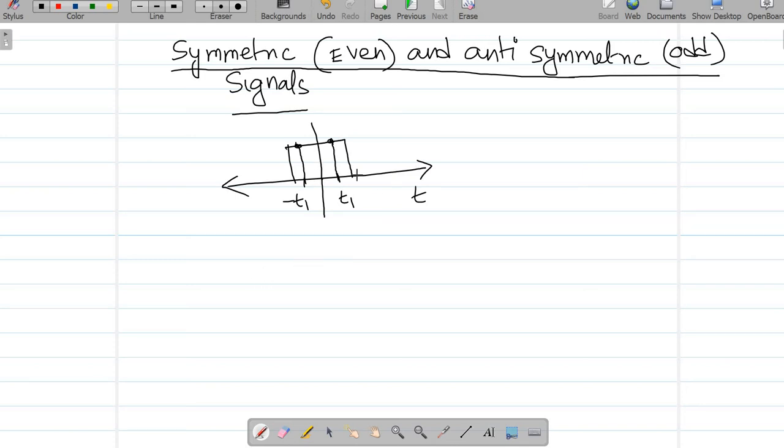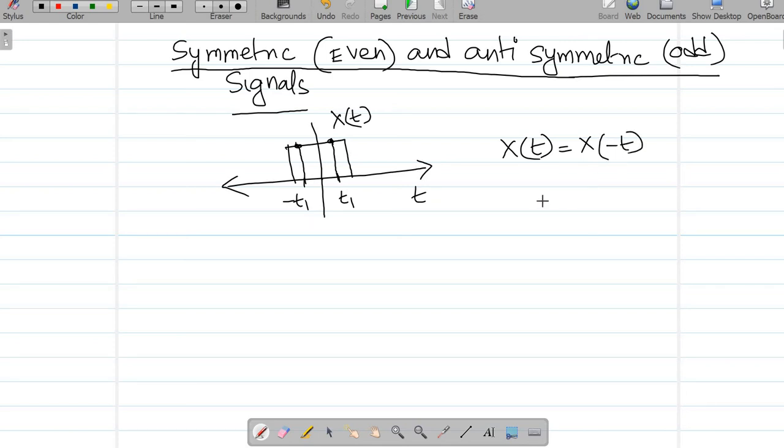Now in this case, let us say this x of t, I can write it as a relation. I can say x of t is equal to x of negative t.